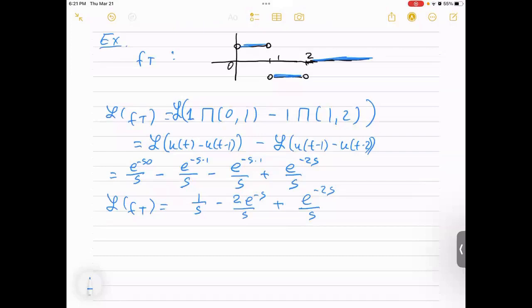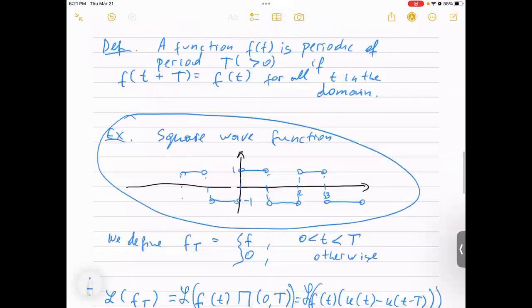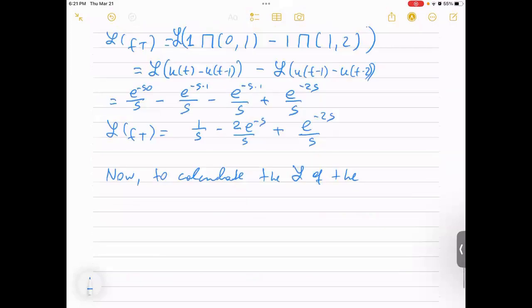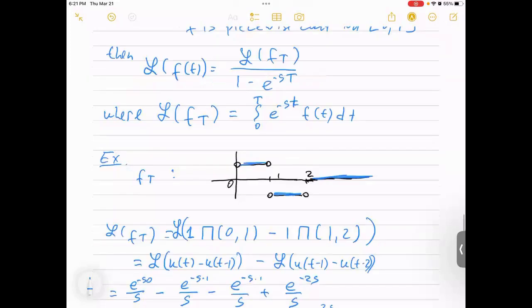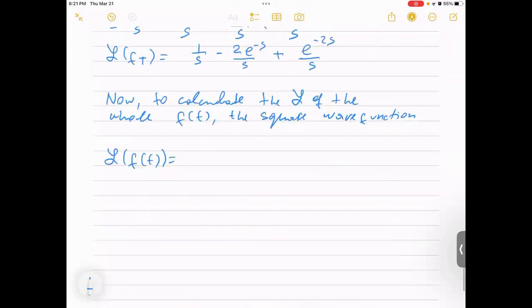Now, to complete the Laplace transform of the whole square wave function f of t, using the formula we derived right here, the Laplace of f of t equals the Laplace of the first period divided by 1 minus e to the negative s multiplied by the period.